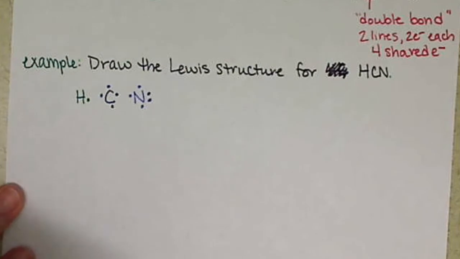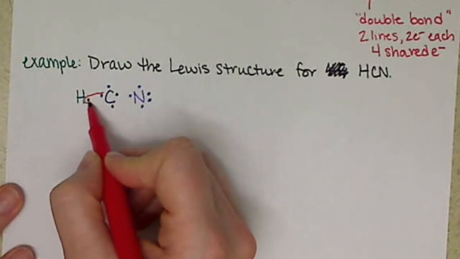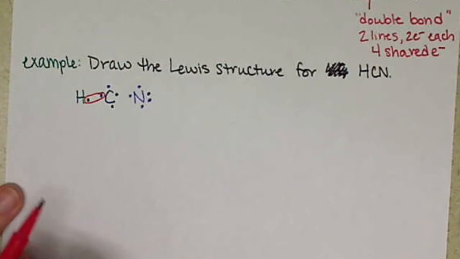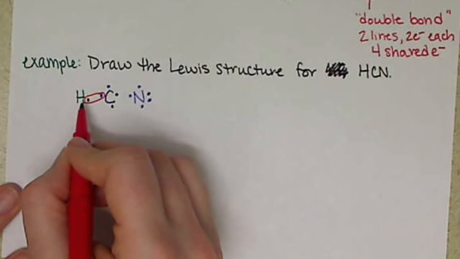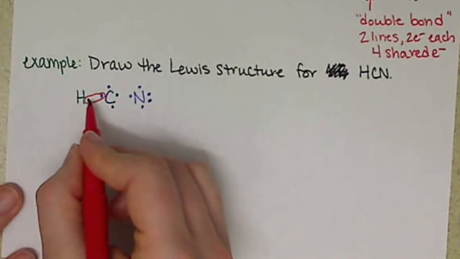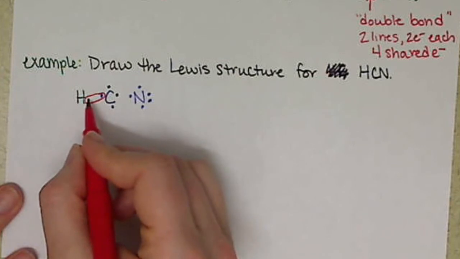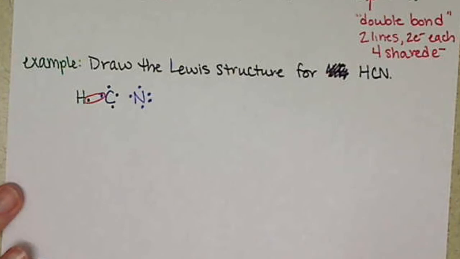So here, looking at the bonds that are formed, hydrogen and the carbon there, they're going to share those electrons. Hydrogen, again, is okay with just 2 electrons. It doesn't want an octet. It wants to be like helium, which has 2 electrons. So by sharing its 1 electron with one of carbon's, hydrogen gets its 2 electrons.